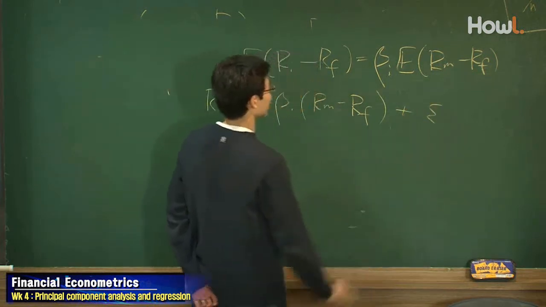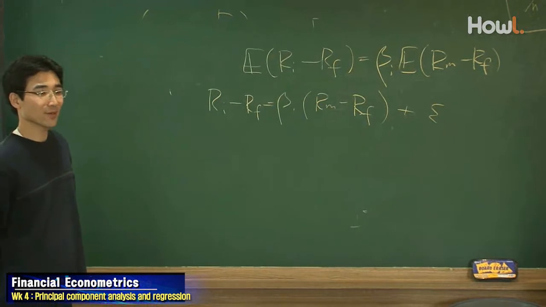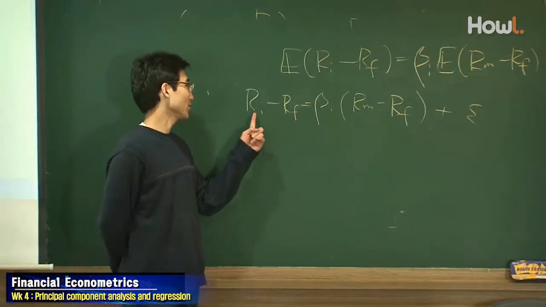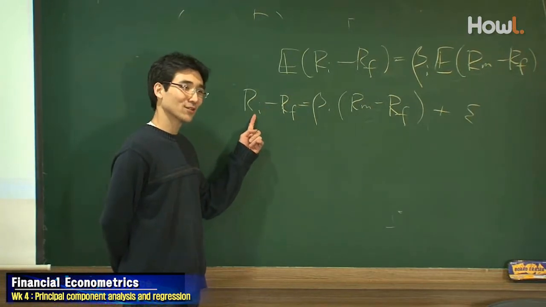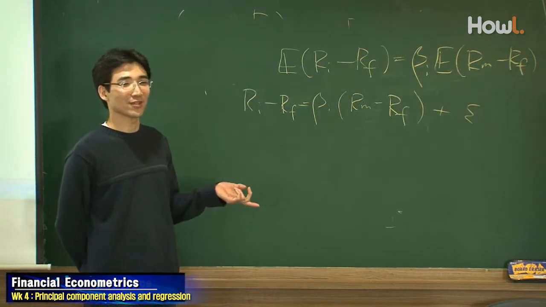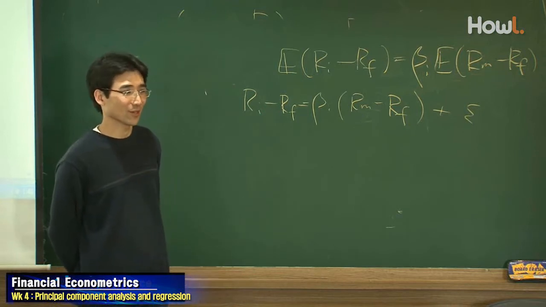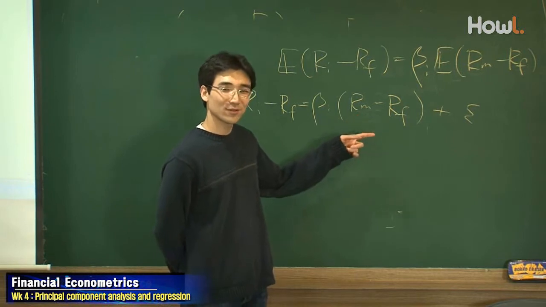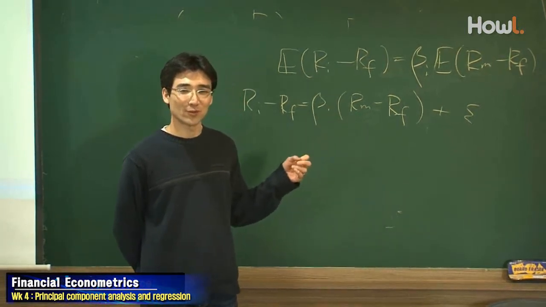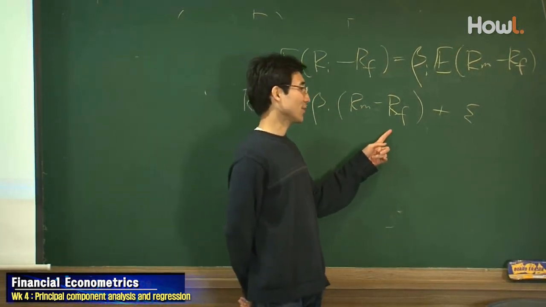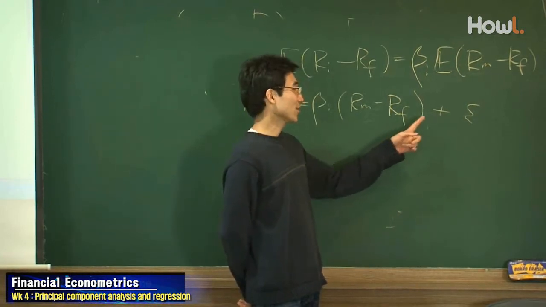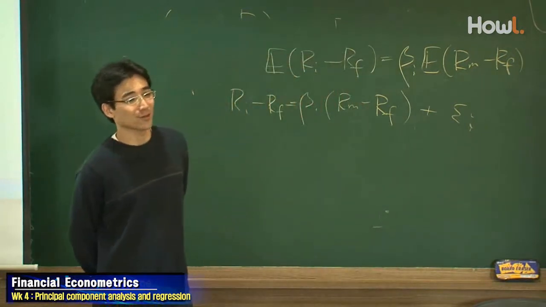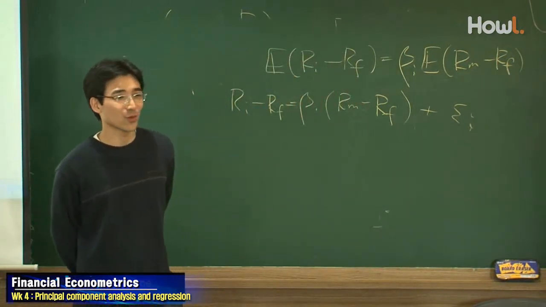So this is the risk-free rate, and this is the return from an arbitrary asset traded in the market, asset i. And this part, R_M, is the return from your market portfolio. Again, R_F is your risk-free rate, and epsilon is some error.